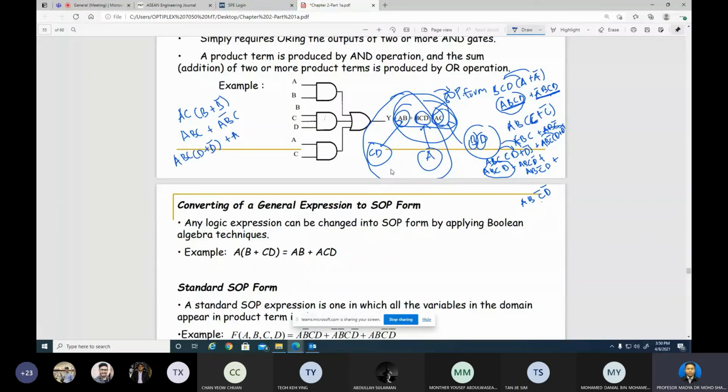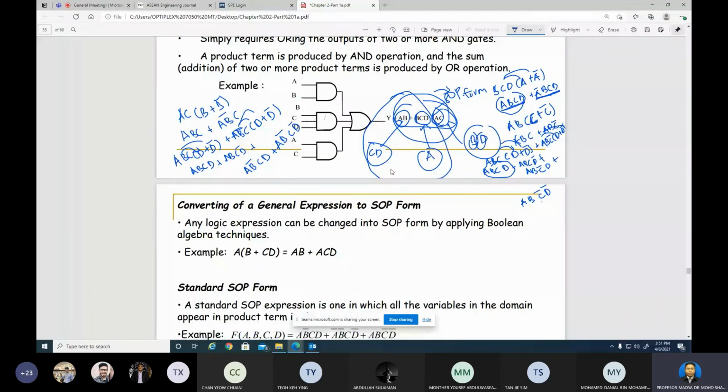So this one will be A, B, C, D, expand this one, plus A, B, C, D bar, plus expand, A, B bar C, D plus A, B bar C, D bar.